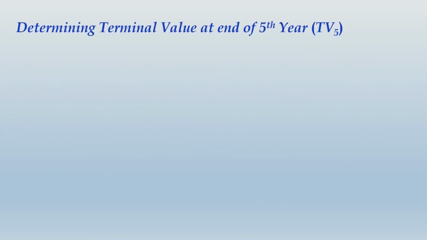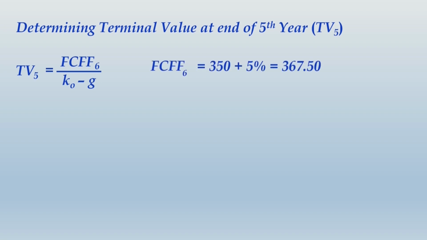In your solution, you first determine the terminal value at 5th year end, that is TV5, or you can also call it as V5. So V5 or TV5 will be FCFF 6 divided by KO minus G. FCFF 6 is not directly given to you, so you can pick the 5th year cash flow and add 5% growth rate to arrive at 367.50.